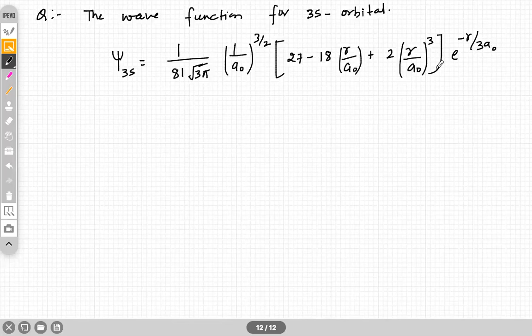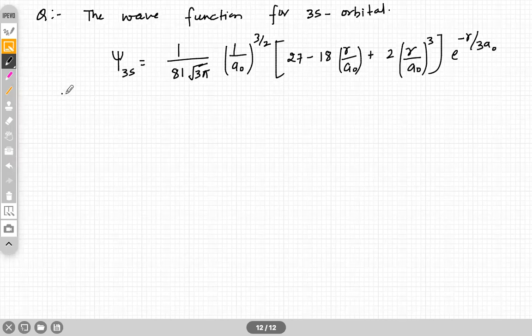This is the wave function of 3s. Like this we will have the wave function of each and every orbital. It says the wave function of 3s is this.